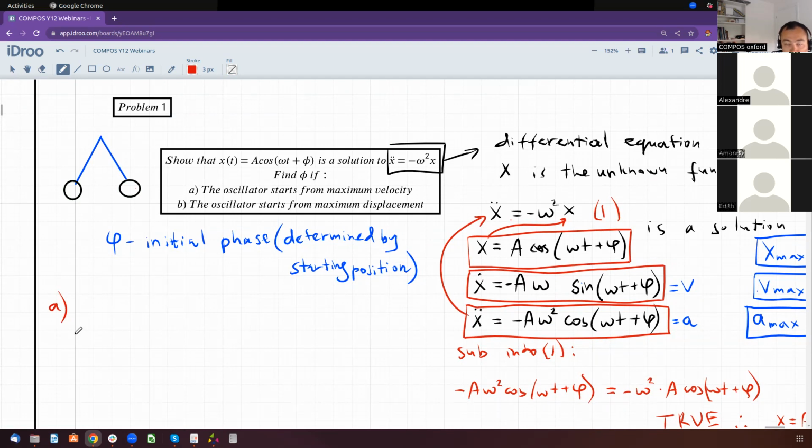Velocity is maximum at the middle, yes. Velocity is maximum when displacement is 0. Thank you. That is true.